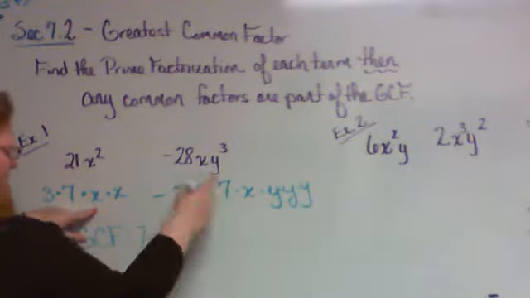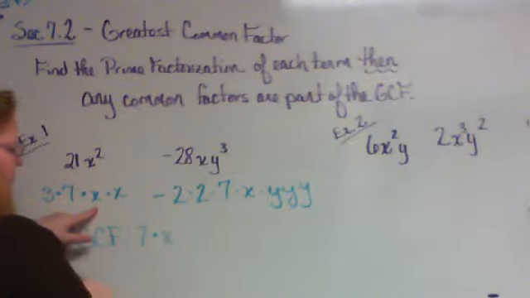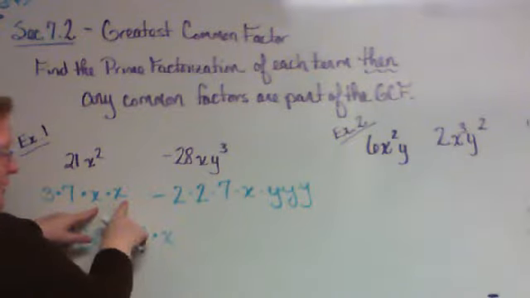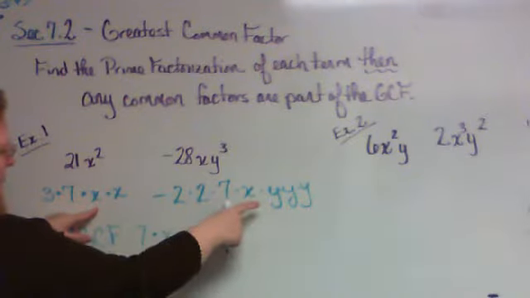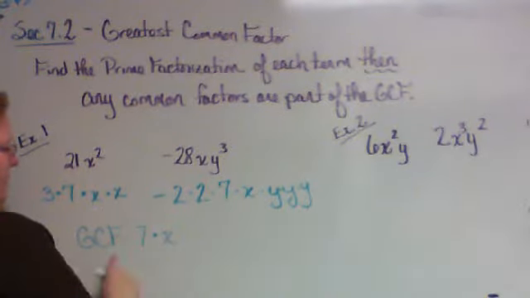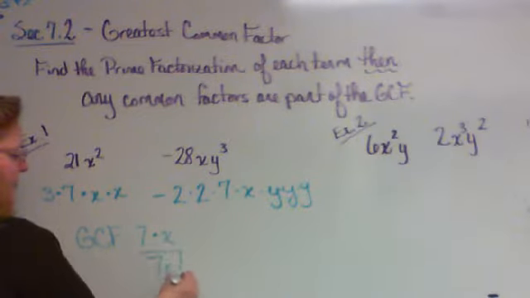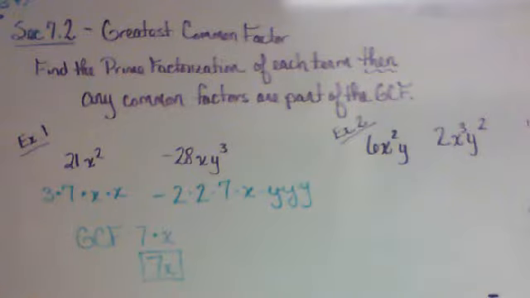Well, yeah. So I need to make that x a part of my GCF. Wait, do they both have 2 x's? No. And they both don't have any y's, so I can't put a y down here either, which means my GCF is just 7 times x, which is 7x. And that's the GCF.